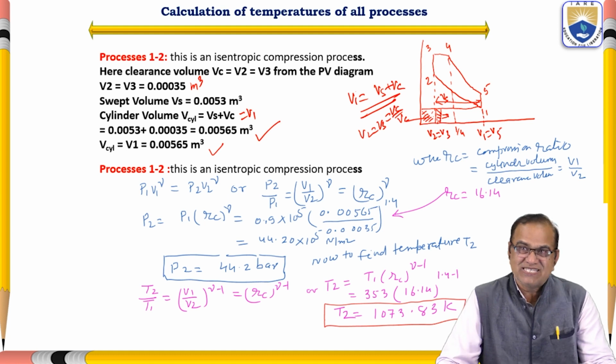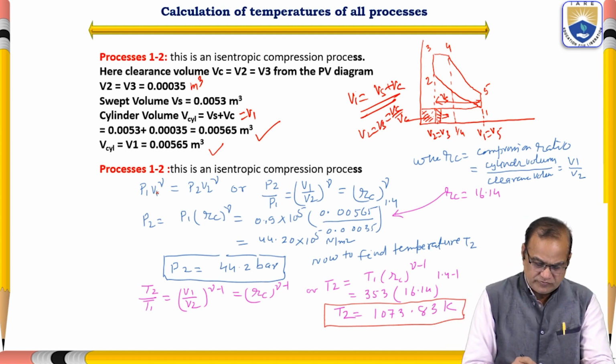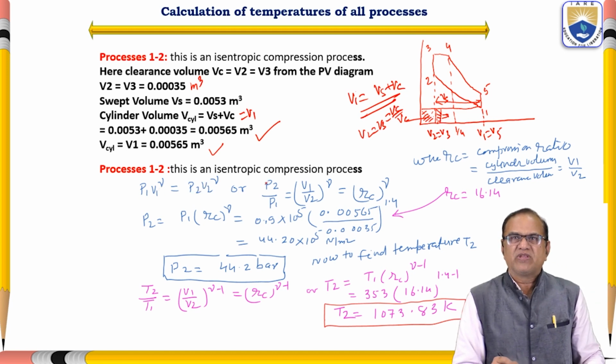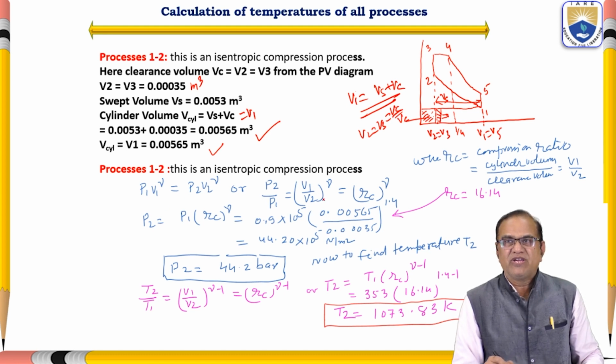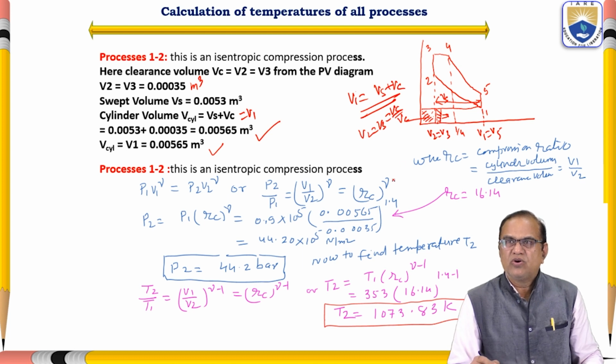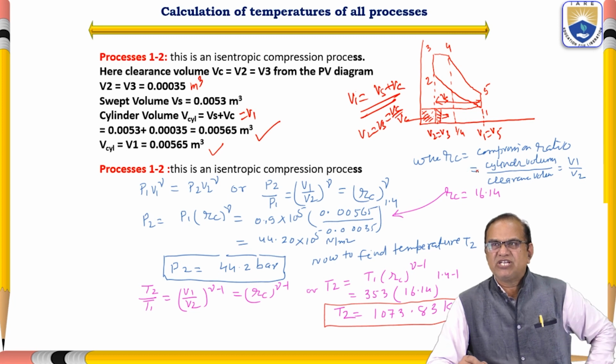So the relationship of pressure and volume is P1 V1 to the power gamma is equal to P2 V2 to the power gamma, or we can write P2 by P1 is equal to V1 by V2 to the power gamma, and this V1 by V2 is equal to RC. RC is the compression ratio. So this compression ratio is what?